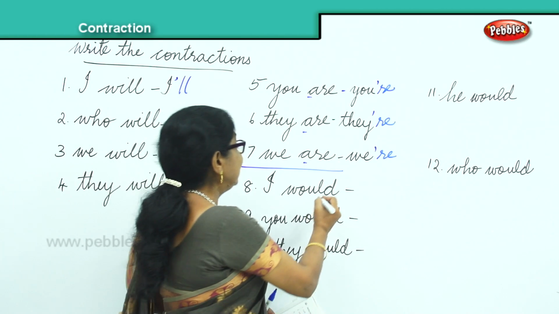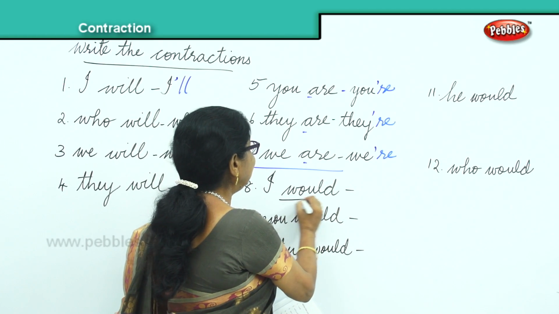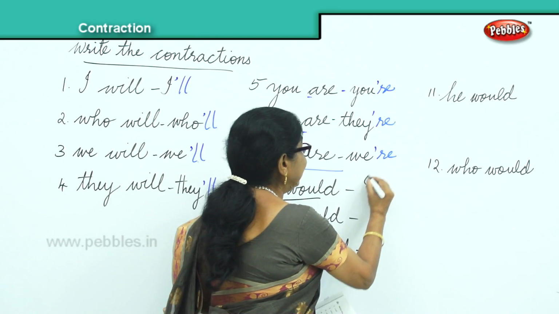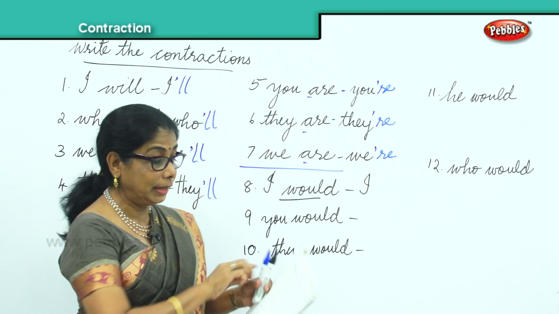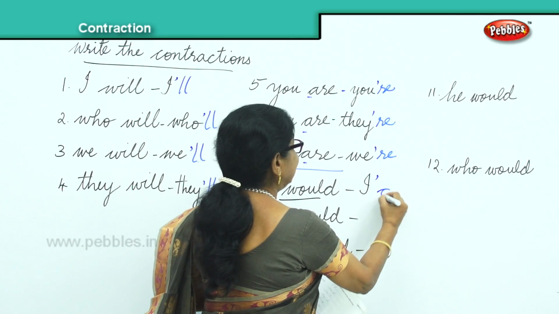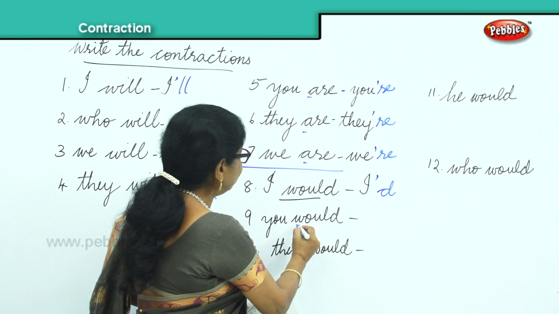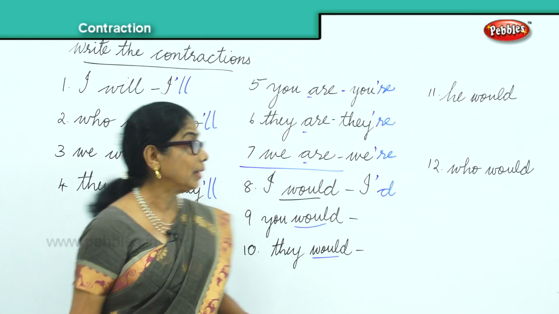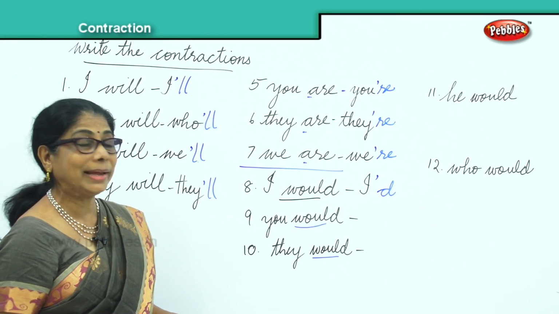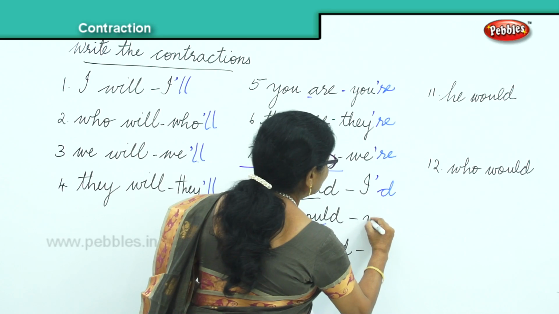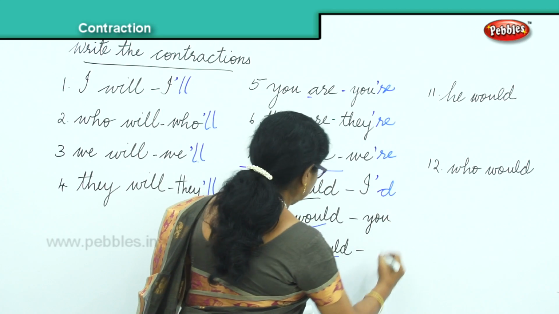You will write I, apostrophe, and all you need is D. You are taking away this full word and you must remember this. Then you would: you'd.